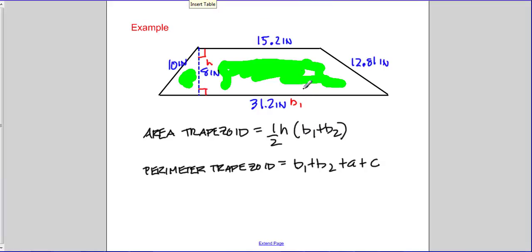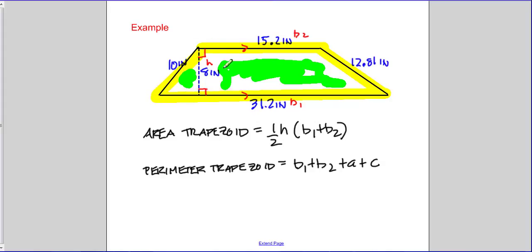We'll call this base B sub 1, this is B sub 2, and in a trapezoid the opposite sides here are parallel. You have to have at least one pair of opposite sides in a trapezoid. So it's 1/2 height times the sum of the bases, and the perimeter is simply the distance around the trapezoid. So we're referring to one lap around the trapezoid.